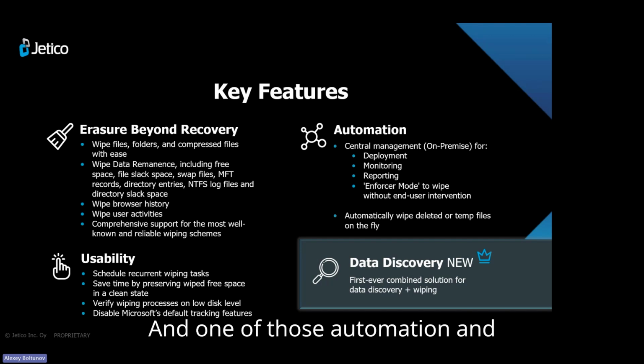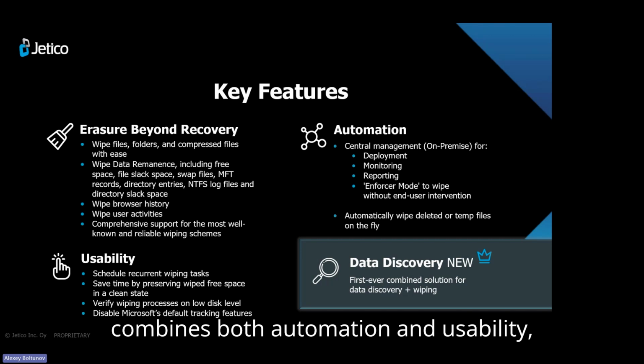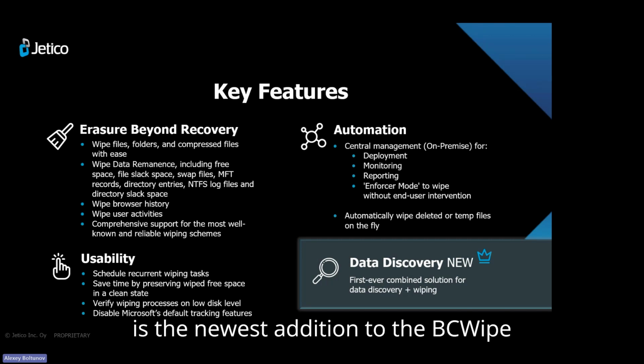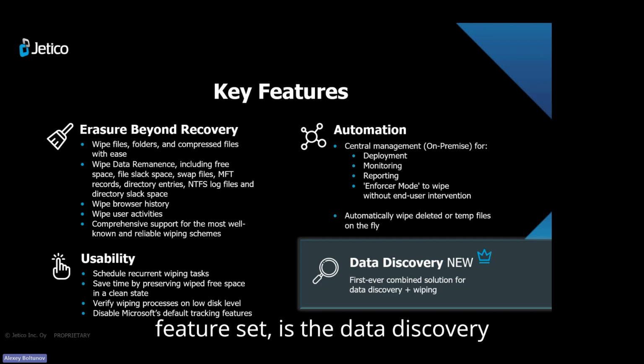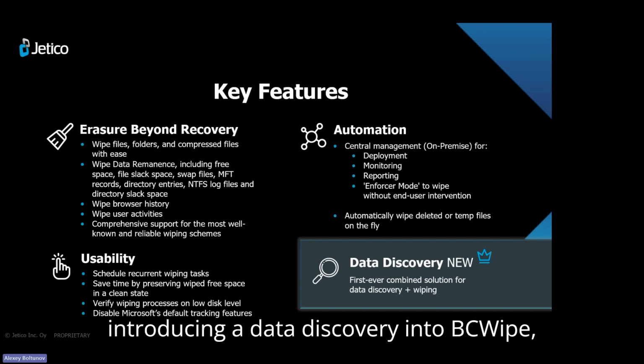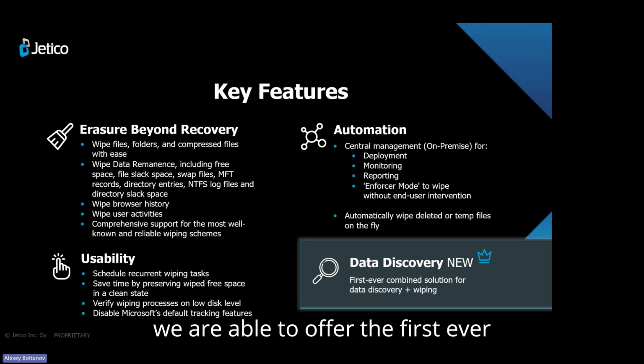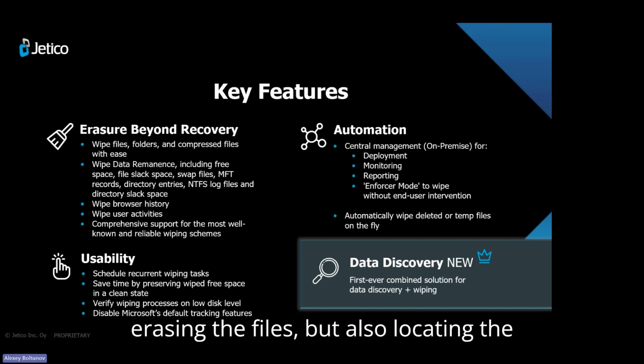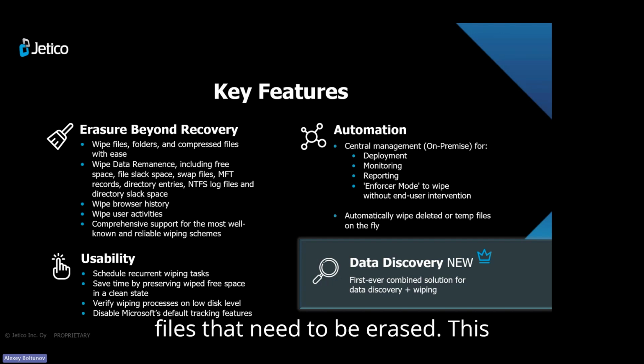And one of those automation and usability features, something that combines both automation and usability, is the newest addition to the BCWipe feature set, the data discovery capability within the tool. So by introducing data discovery into BCWipe, we are able to offer the first ever combined solution for not only erasing the files, but also locating the files that need to be erased.